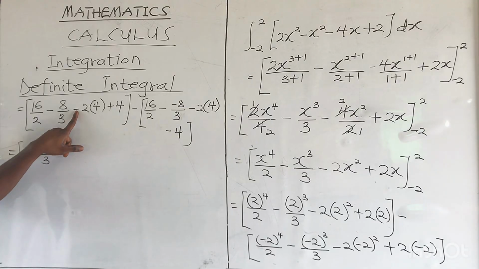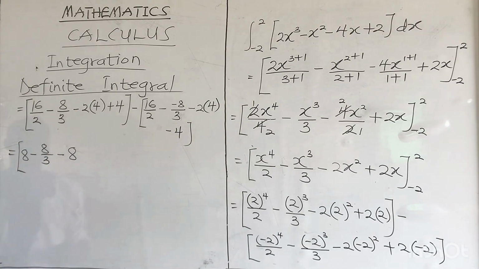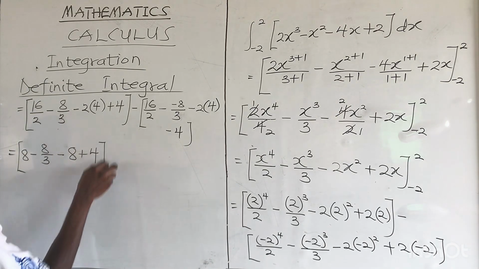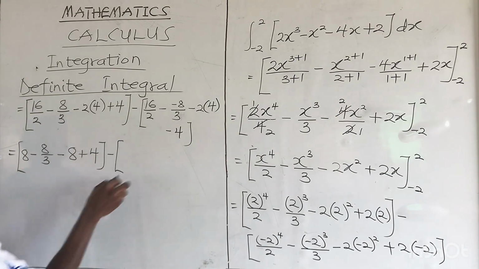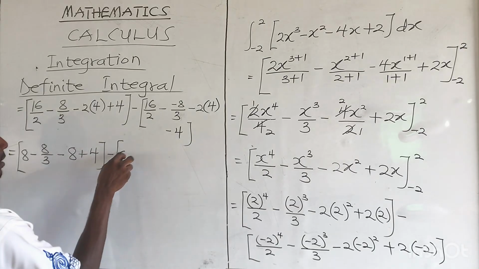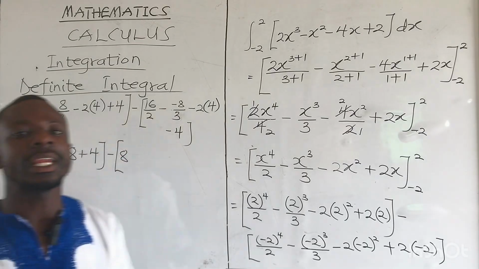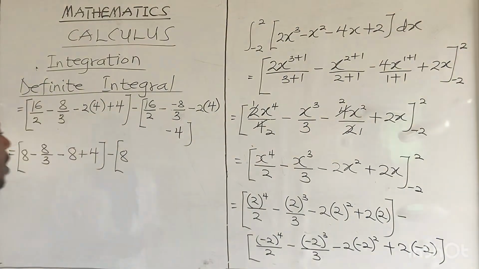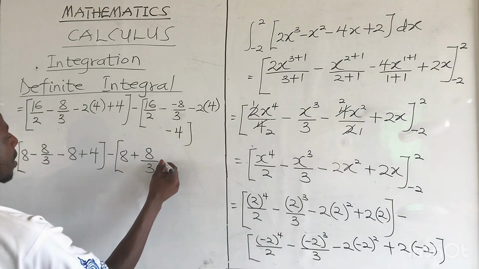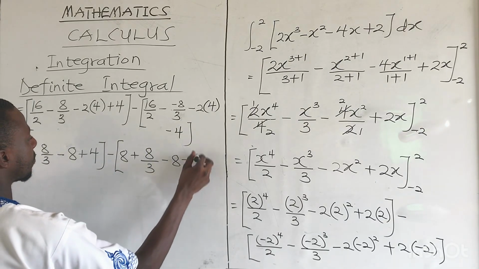Then we have minus 2 times 4, we are going to get 8, plus 4. Minus, then from here 16 over 2, we have 8, and when two negatives meet, we are going to get positive 8 over 3 minus 2 times 4, we have 8 minus 4.